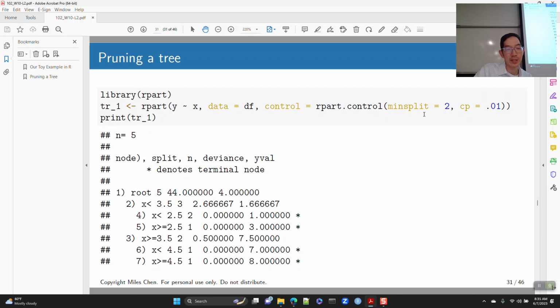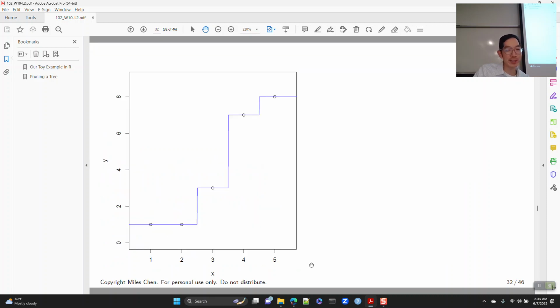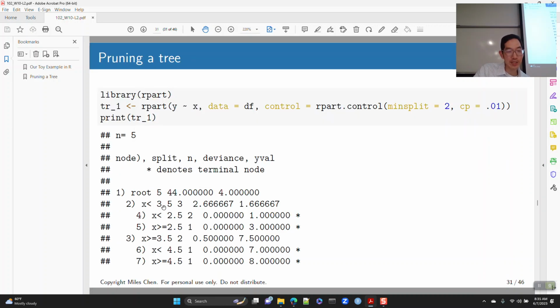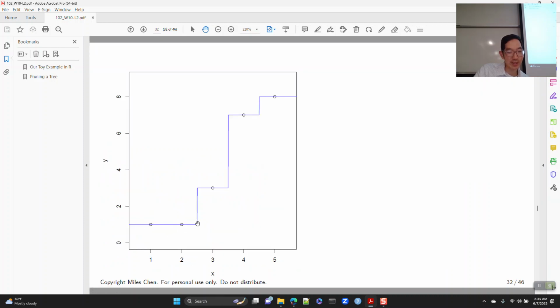And if we do this, I end up with 4 terminal nodes, because I had 4 unique values in y. So I have a terminal node for every unique value, right? We said, okay, first we split at x less than 3.5, and then on the less-than side, consider another split at 2.5.